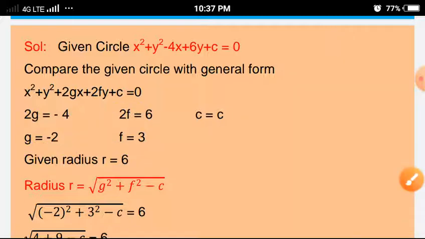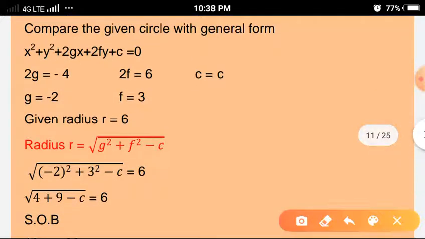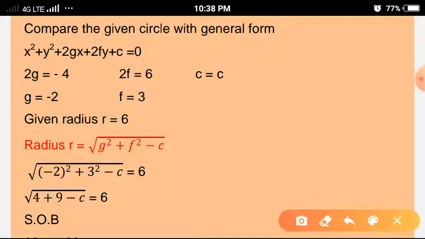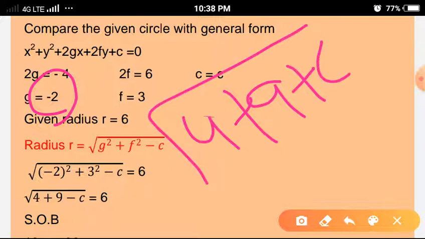Next here we got the radius is equal to 6. The formula of radius is square root of g square plus f square minus c. We know the value of g: minus 2 square is equal to 4, f square, 3 square means 9, minus c. Square root of 9 plus 4, 13, 13 minus c is equal to 6.